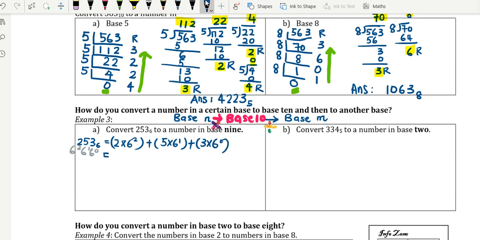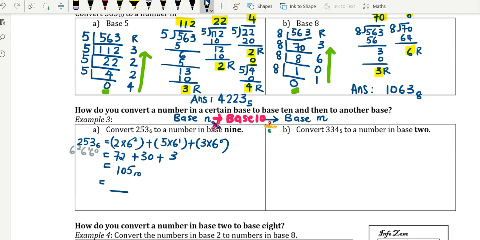Use a calculator to get the answer. If not, you do it one by one. 6 squared is 36. 36 times 2 is 72. Plus 30, plus 3 times 1 is 3. That gives 105 base 10.